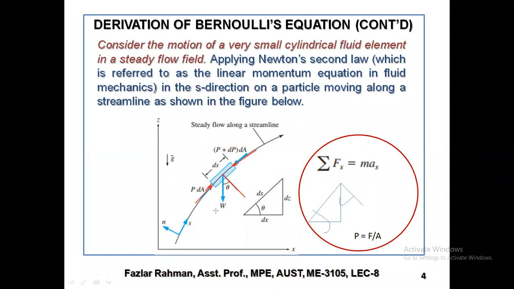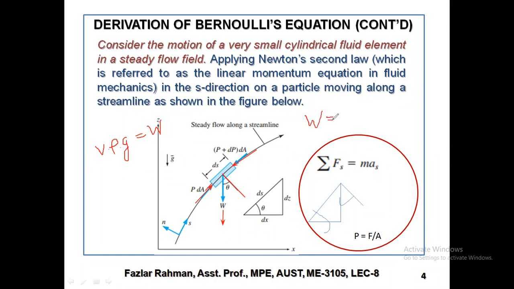So how can we figure out the weight of the fluid? If you know the volume V, then multiply by rho, you get mass. Then multiply by g, and this will be the weight of the fluid. Now over here, weight W.